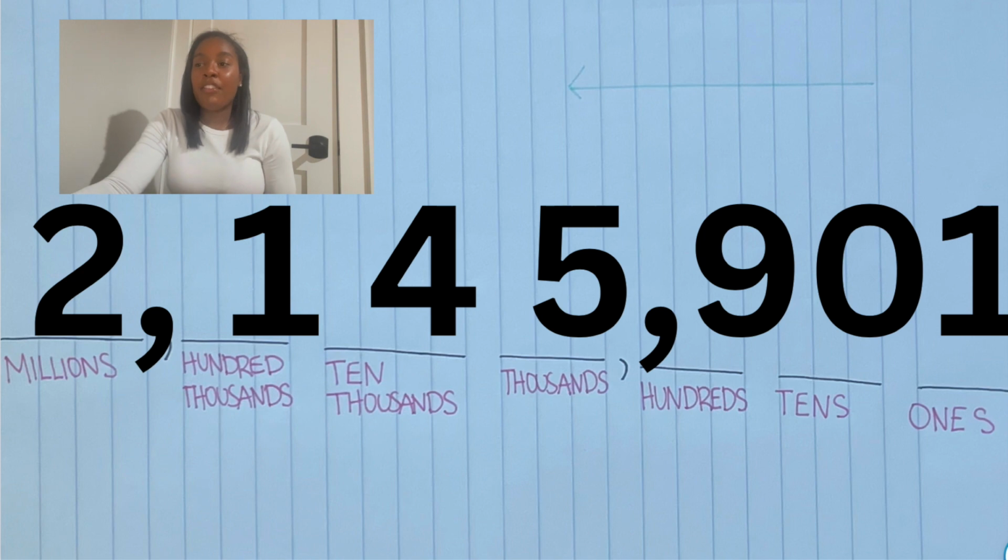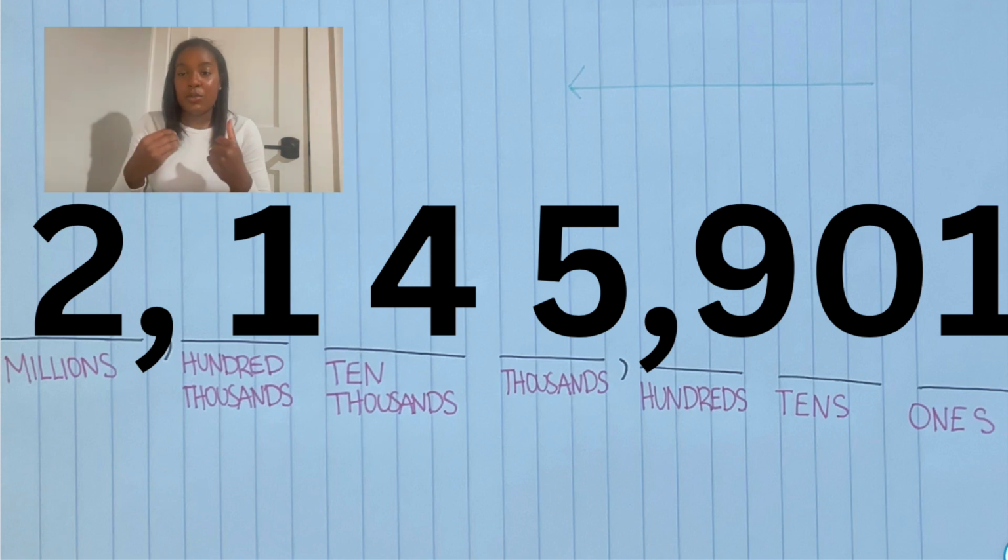So we have our ones place, our tens place, our hundreds, thousands, then we have our 10,000s, 100,000s, and our millions.